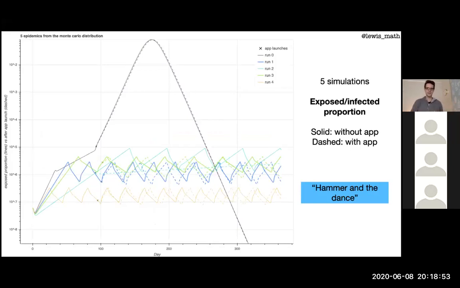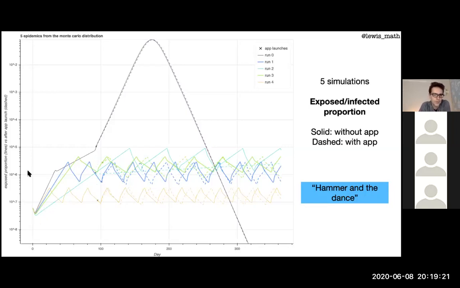So here's a few. The solid lines are worlds where we don't have our contact tracing app. We have some relatively slow manual contact tracing, but not the additional boost you get from the contact tracing app. The small crosses are the dates at which the app launches, and then we simulate the world in which you have digital contact tracing going on.